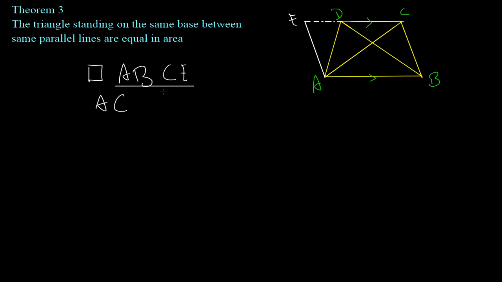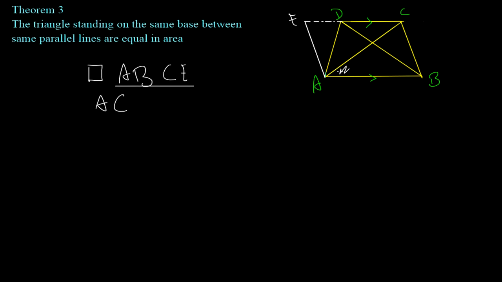Okay, you can pause the video and think again about how this can be proved. I think you have paused the video and thought about it. Hopefully you have got the idea. We need to use two theorems here.